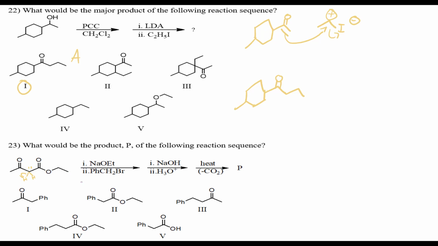And then this guy, PhCH2Br, that can be attacked. And we go to carbon, and then Ph. And now we treat it with sodium hydroxide, which makes it like this.